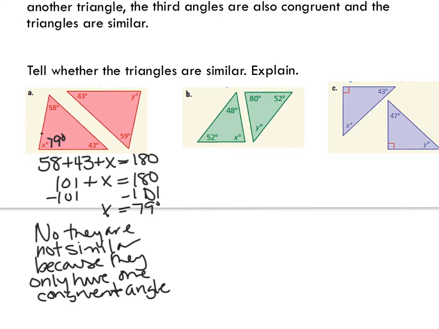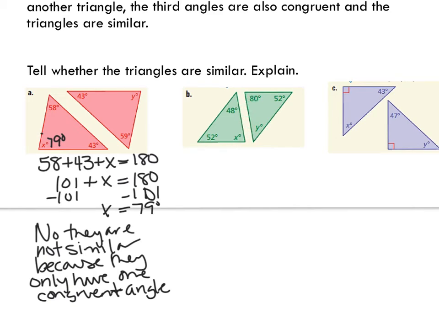Let's do letter B together as well. As we are looking at these two triangles, I notice that I have an angle of 52 degrees here and an angle of 52 degrees here, so I do have one congruent corresponding angle. Now I would have to check to see, is 48 going to be that y value, and is y going to be that x value?